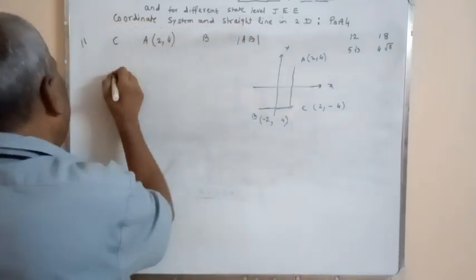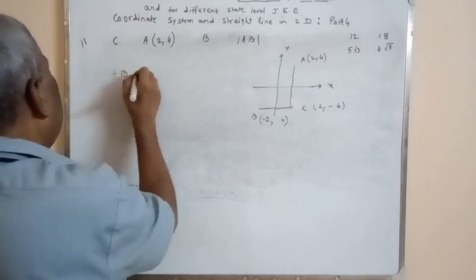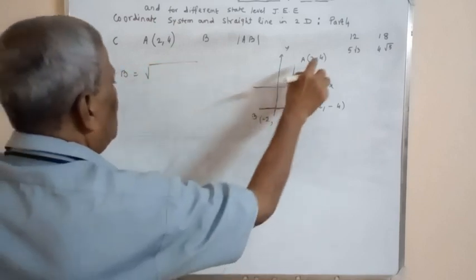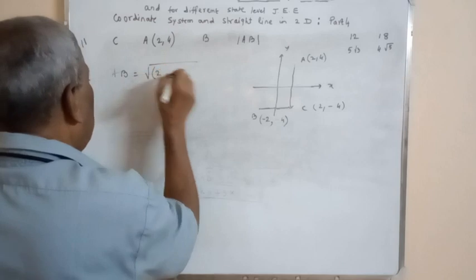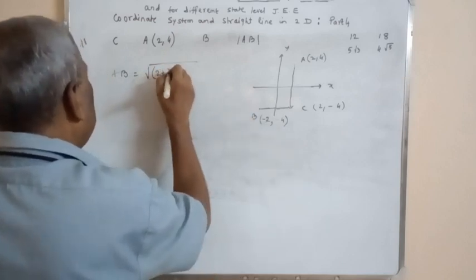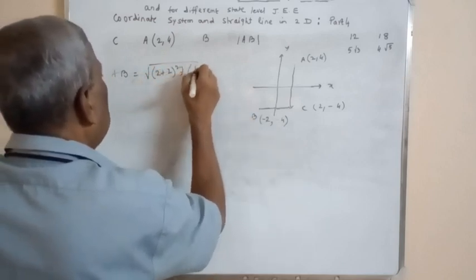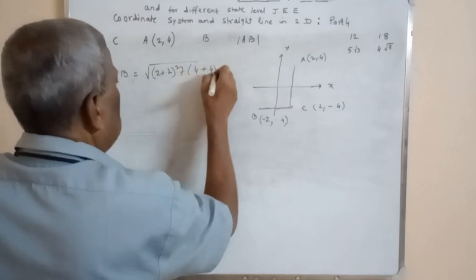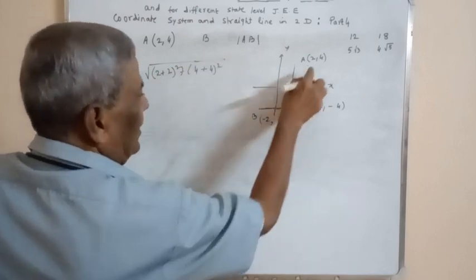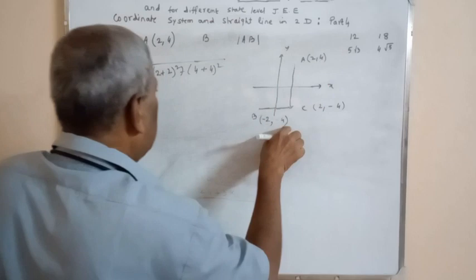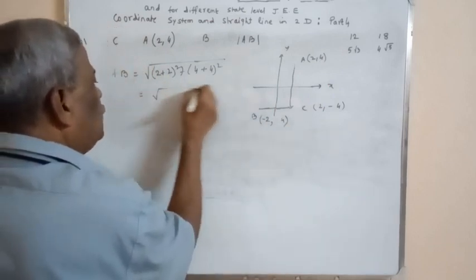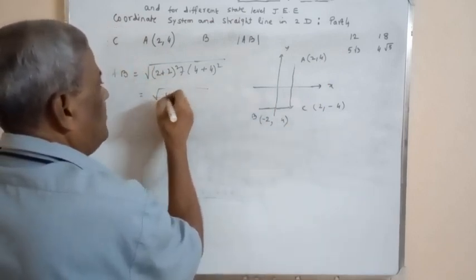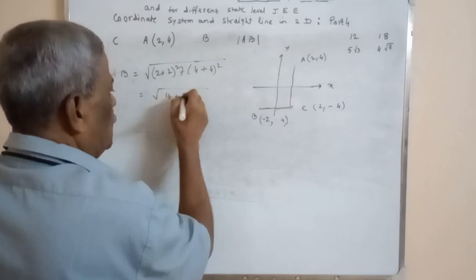So distance AB is equal to root over of (2 plus 2) whole square plus (4 plus 4) whole square. So it is equal to root over of 16 plus 64.